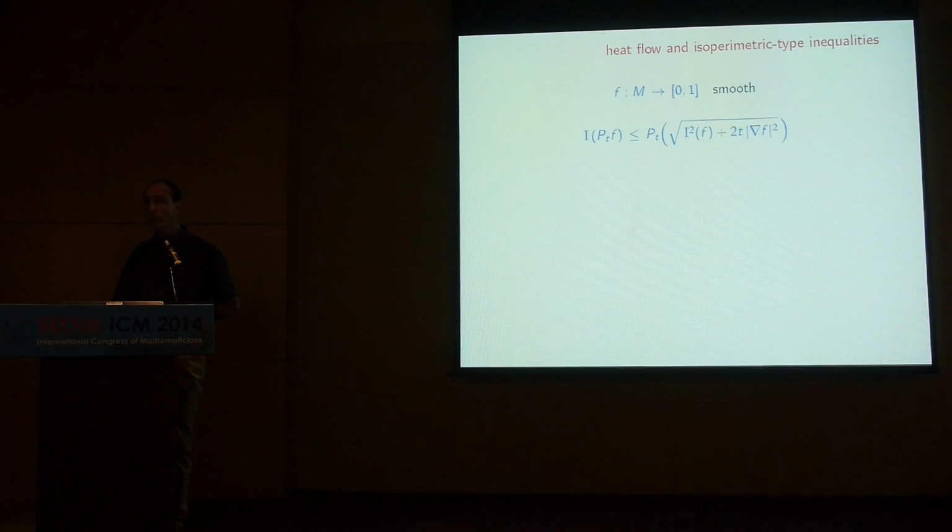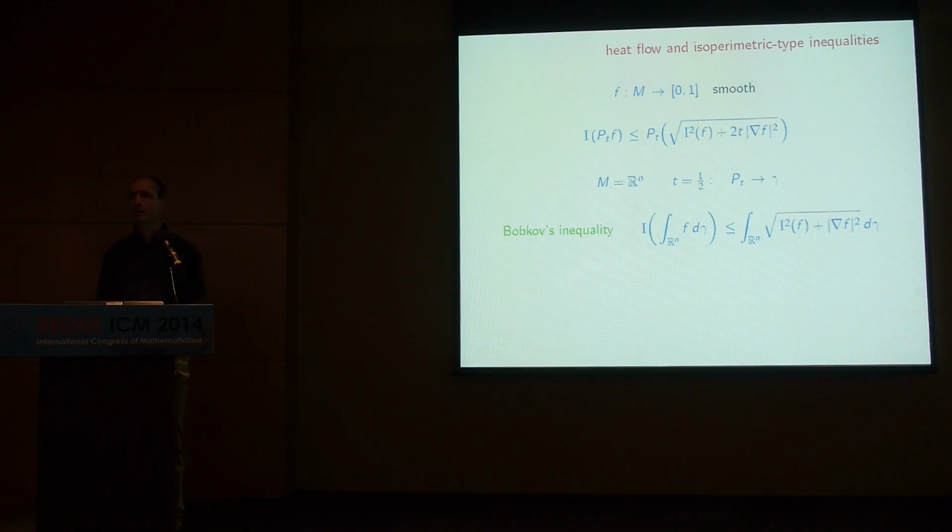Simply because if you, for example, look at the basic instance of the Euclidean space, as we did before in the case of the logarithmic Sobolev inequality, assume that you are on Rn, take t to be a half. So Pt is the standard Gaussian. And what you get is this inequality, where again I is the Gaussian isoperimetric profile.